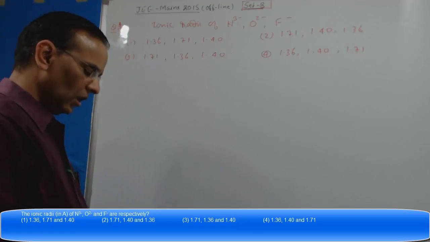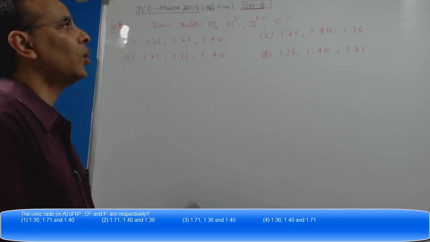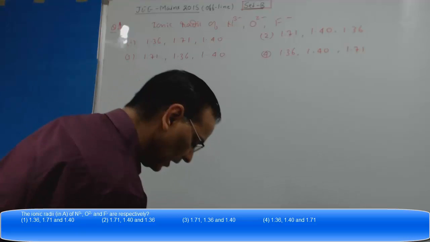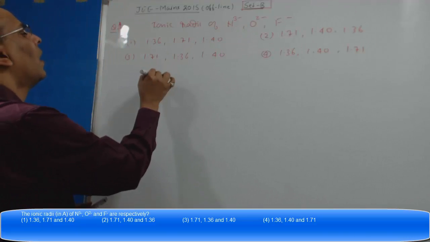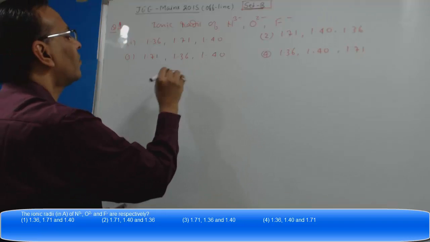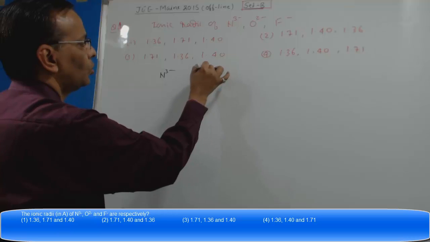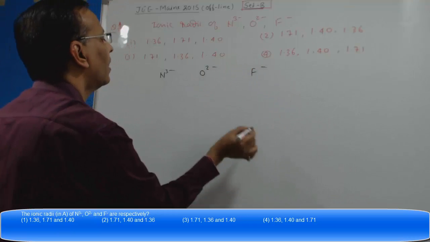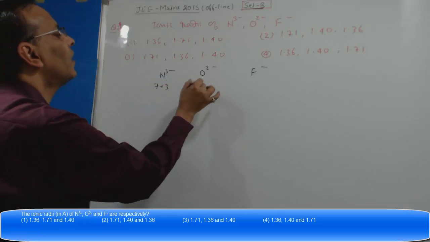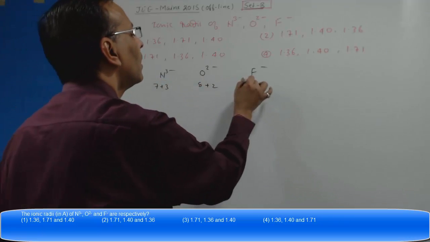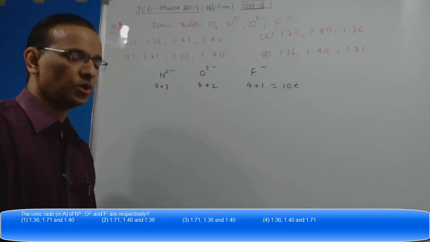If we look, they are all isoelectronic species. N3-, O2-, F- have 7 plus 3, 8 plus 2, 9 plus 1, so they are all 10 electron systems.